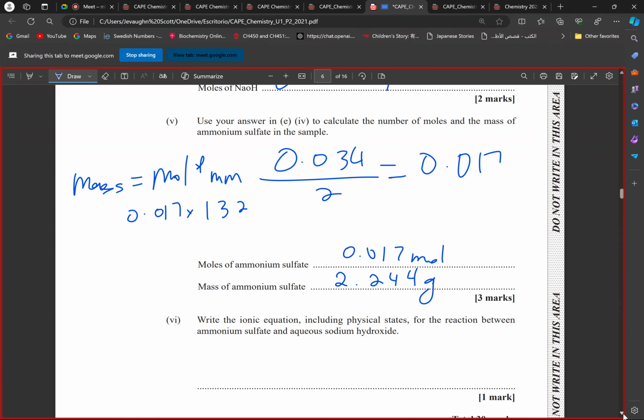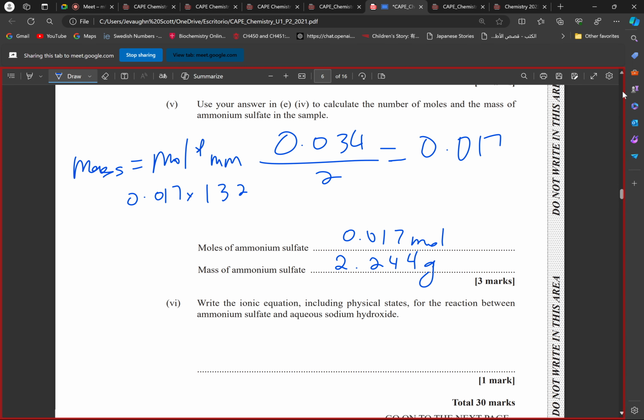Wait. Did you misplace something? It's 0.03362. That's what I got. I didn't divide that by 2, because I got that as the number of moles of sodium hydroxide. Alright, so now I'm confused.